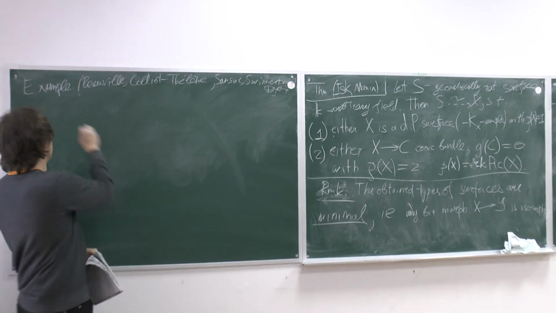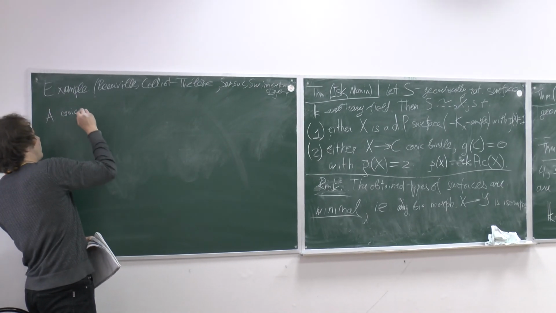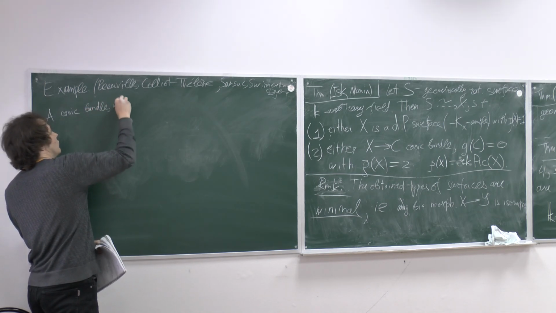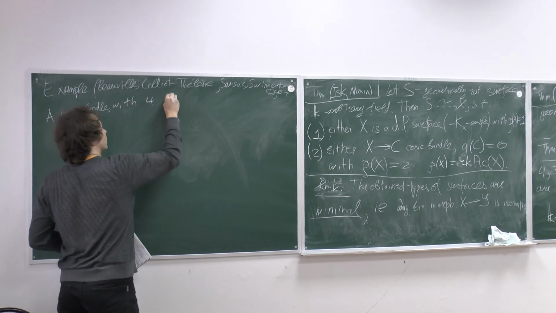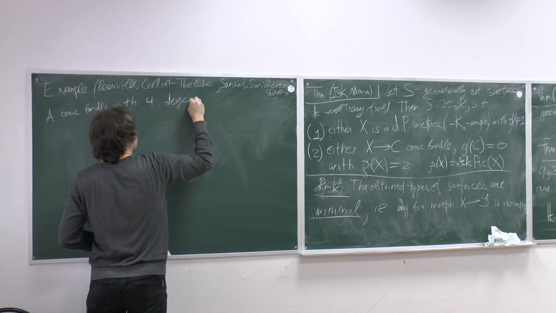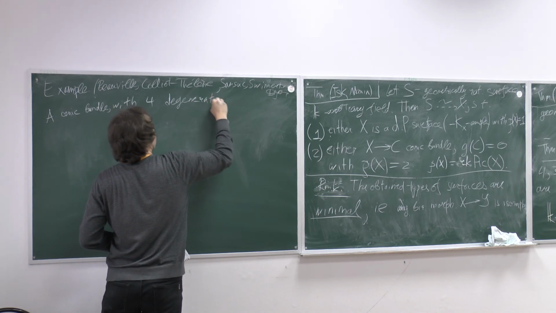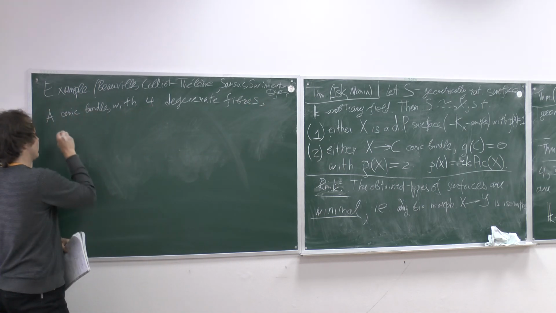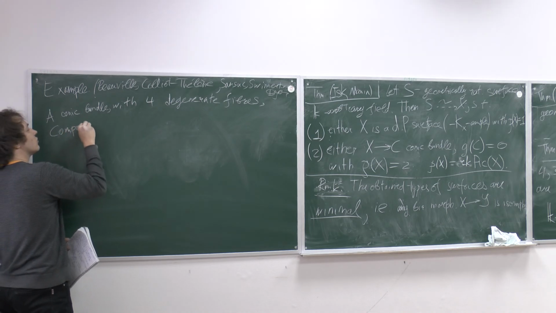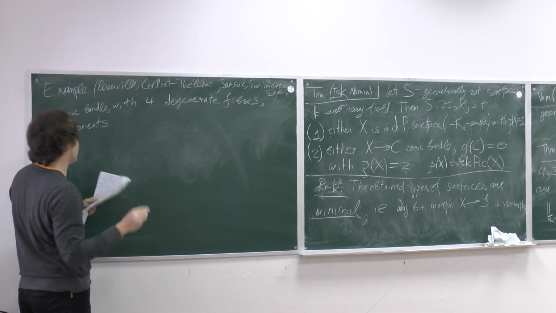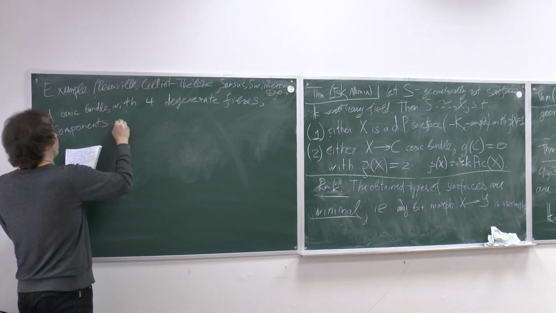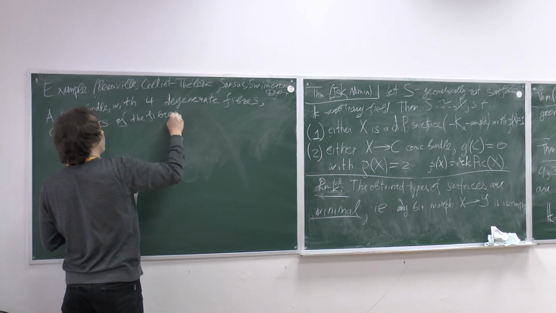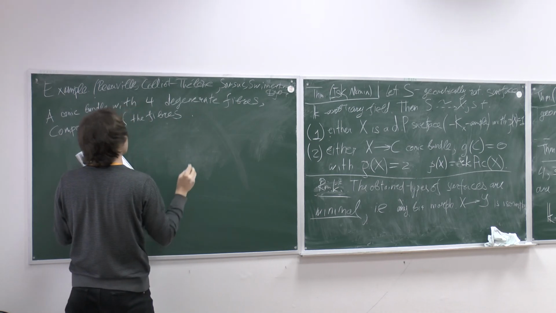We consider a conic bundle with 4 degenerate fibers, geometrically, yes, geometrical fibers, such that the components of these fibers are defined over an extension of degree 6 with Galois group S3, the symmetric group on 3 letters.